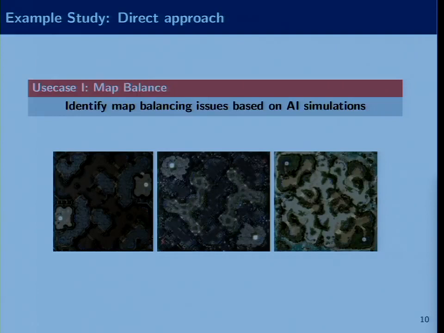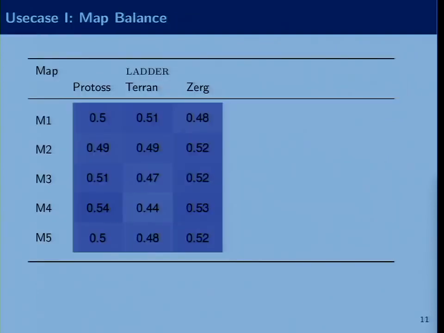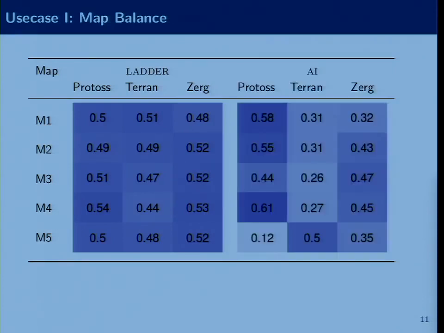So this would be a direct approach, and we did this with 5 maps from the ladder data set. And as you can see, for all of those anonymous 5 maps, for all of the races on the top here, we get about 50% win rates. Looks perfectly fine. We did the same thing on the AI data set.